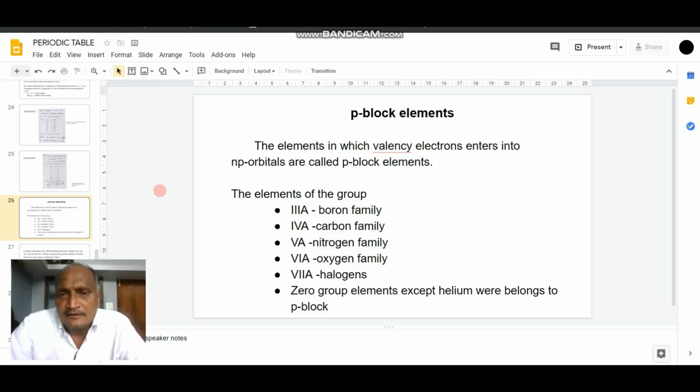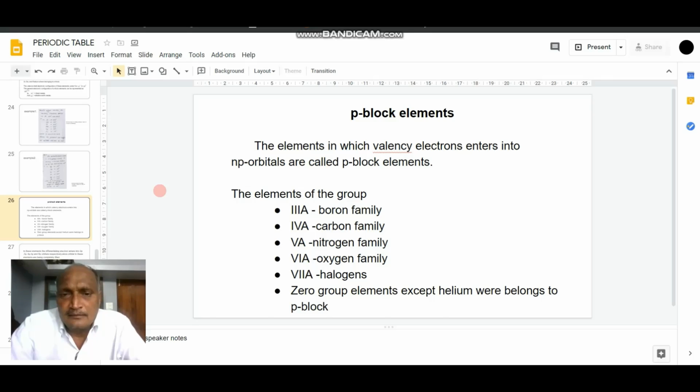That is, the electronic configuration, especially the subshell into which the valency electron enters, decides the block of the element.